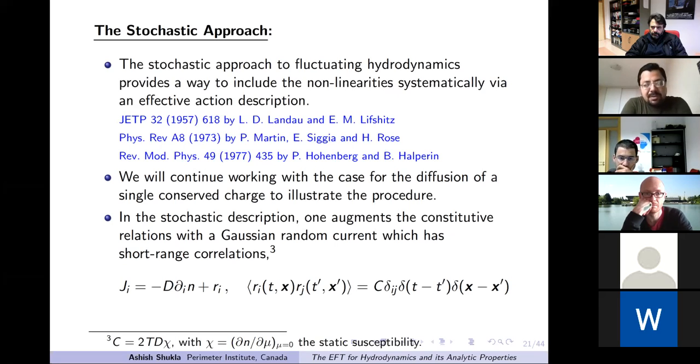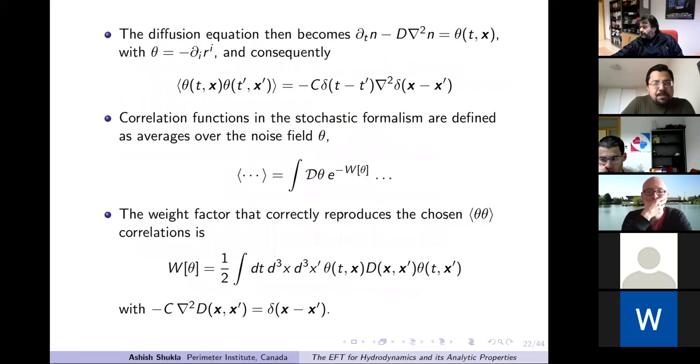This is a purely by hand construct, and you assume that this random current R^i has only short distance Gaussian correlations. So my R^i R^j 2-point function is proportional to products of Kronecker and Dirac deltas, making sure it's only short range correlated. So this R^i is purely put in by hand in the stochastic approach.